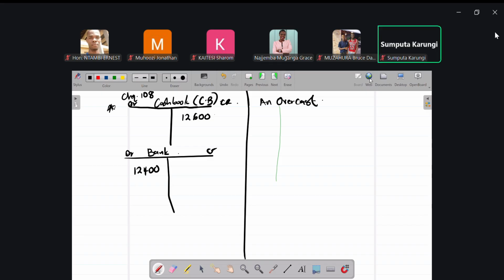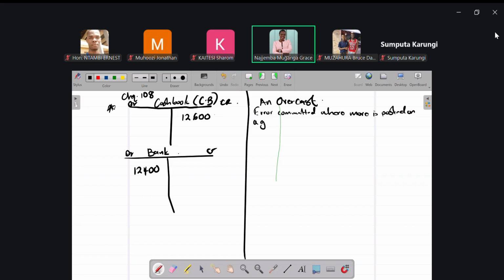No. This is an error committed where more is posted on a given side. An error committed where more is posted on a given side.